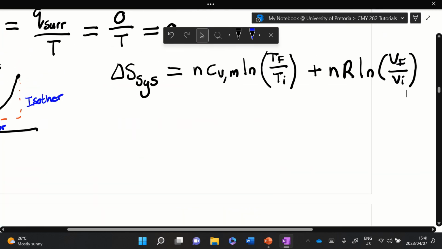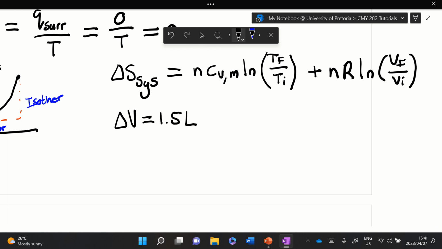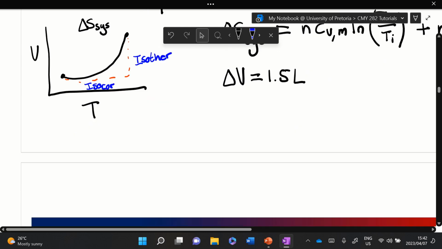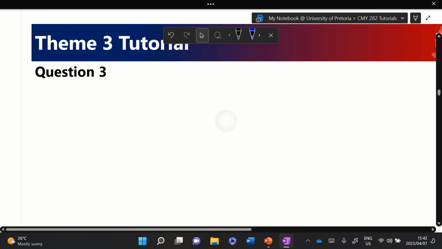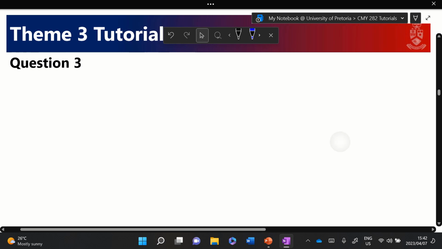Let me just write it down here somewhere. So delta V is equal to 1.5 liter. Just something that I need to remember. Then V_I, I promise this will of course be nicely typed out, so you'll have reference while you're watching this video.